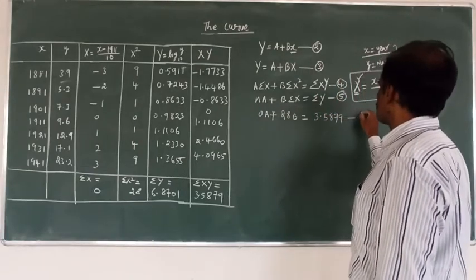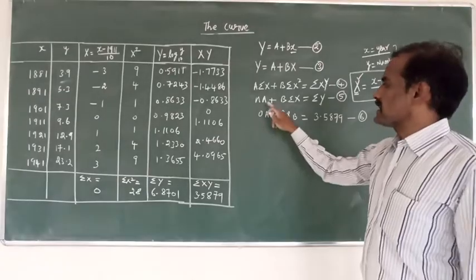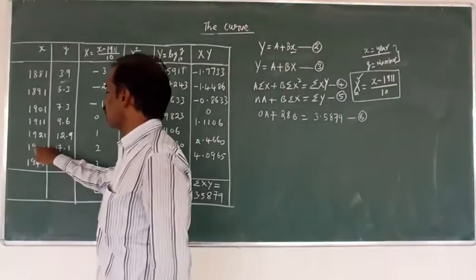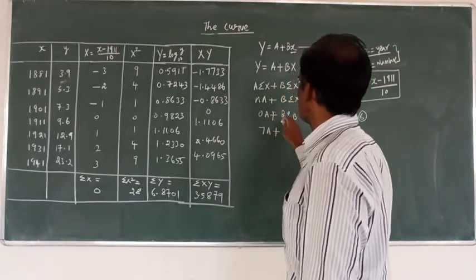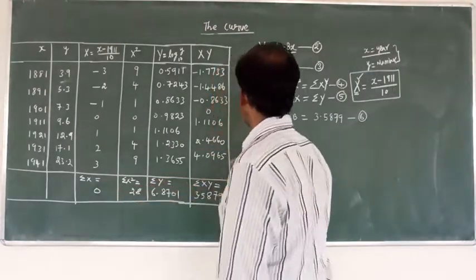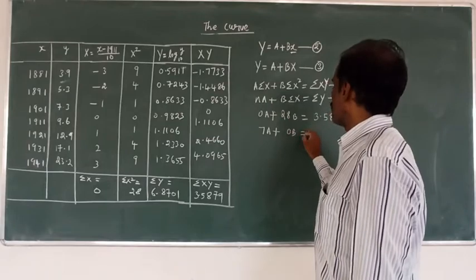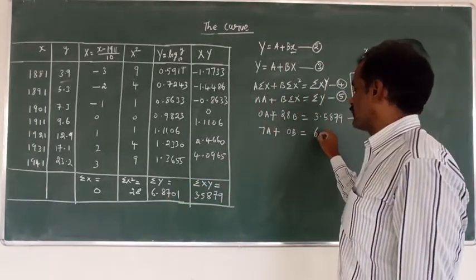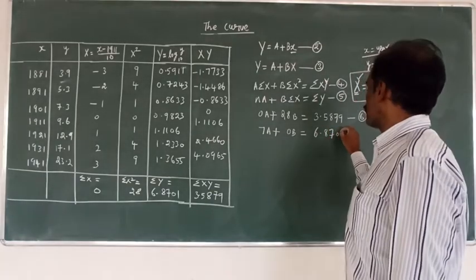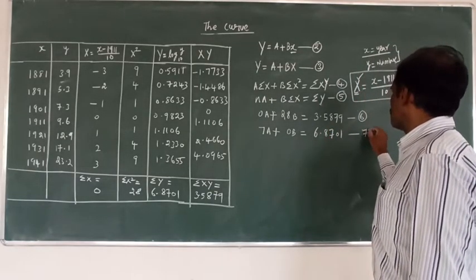This is for equation number 6. And then n means the number of terms in x, total 7a plus b sigma x, 0b, equal to sigma y value 6.8701. This is for equation number 7.